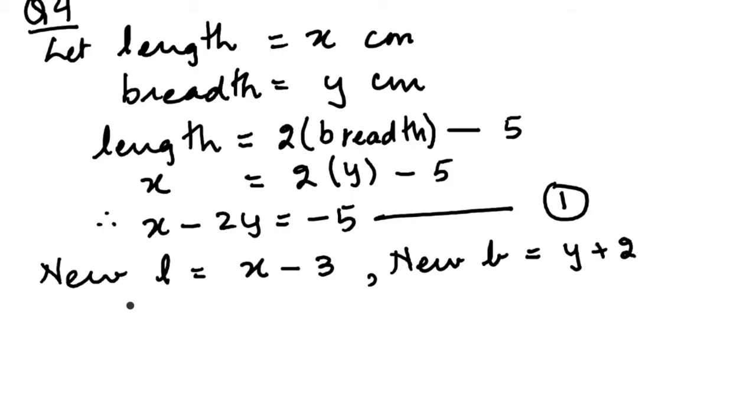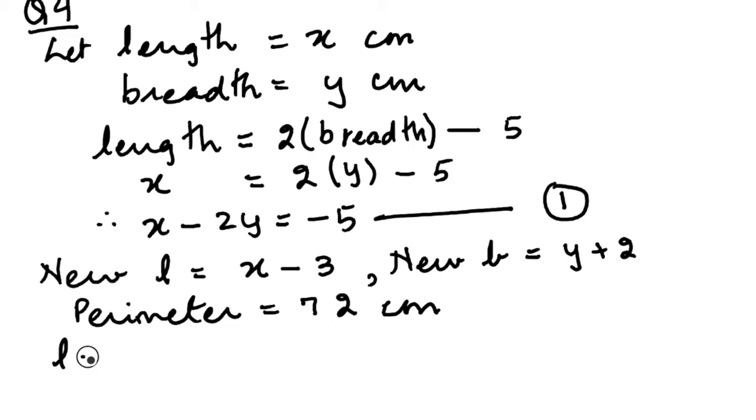They say that the resulting rectangle has perimeter 72 centimeter. So our question was that the length is decreased by 3 centimeter and the breadth is increased by 2 centimeter, and the perimeter becomes 72 centimeter.